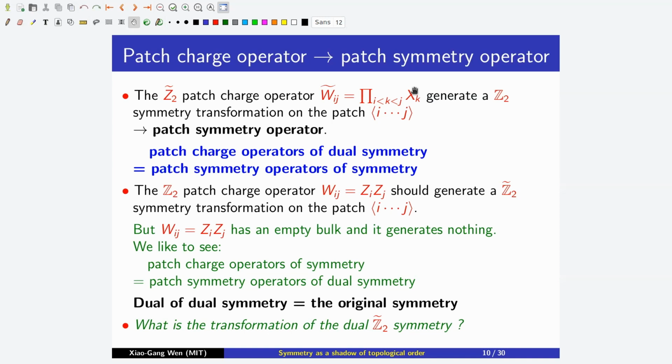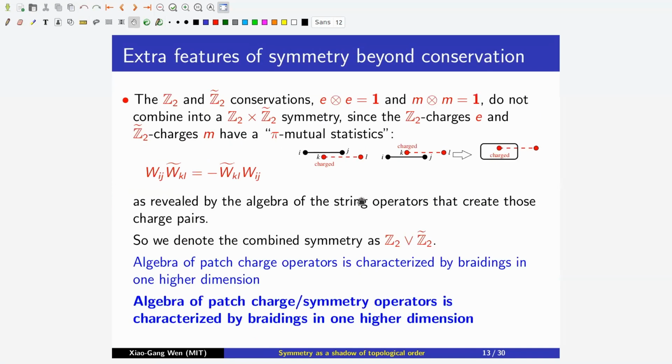Now you can see that these two patch operators commute if they have this relation, if one contains another. However, if the two ends straddle each other, then there is only a single Z inside this patch. The X and the single Z do not commute. There's a negative sign. So this feature really is here.